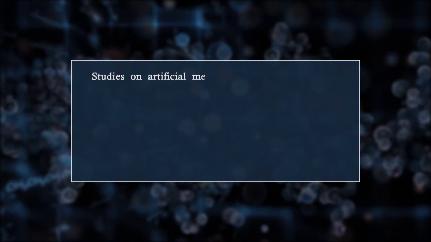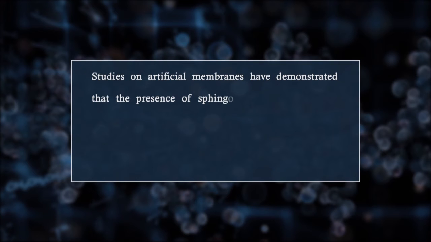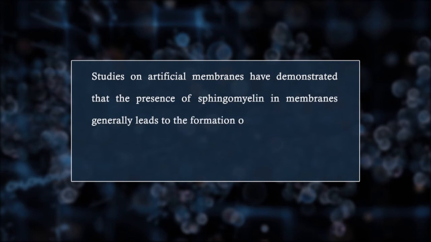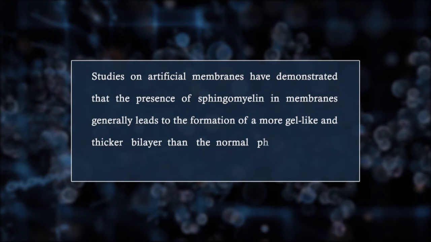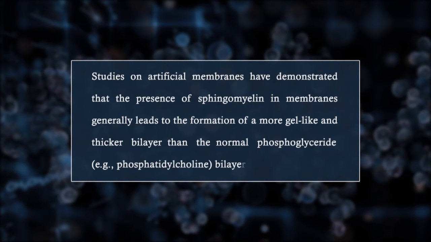Studies on artificial membranes have demonstrated that the presence of sphingomyelin in membranes generally leads to the formation of a more gel-like and thicker bilayer than the normal phosphoglyceride, for example, phosphatidylcholine bilayer.